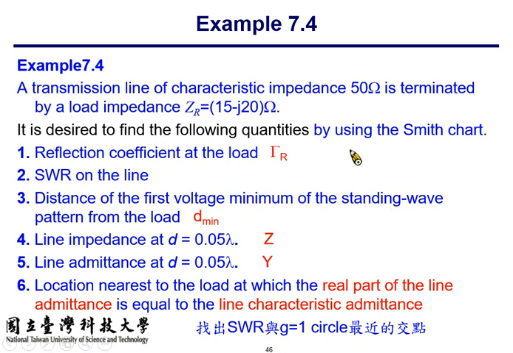So on the third circle from the outside, it's labeled as angle of reflection coefficient in degrees. If you move counterclockwise, it goes from 0 to 90 to 180. On the top half, it's labeled from 0 to 180. On the bottom half, it's labeled with 0 to minus 180.